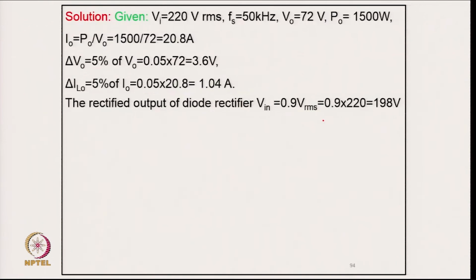So, coming to the numerical part of it, input voltage 220 volt, design at 50 kilohertz transformer, and output voltage is 72 volt with 1500 watt output.